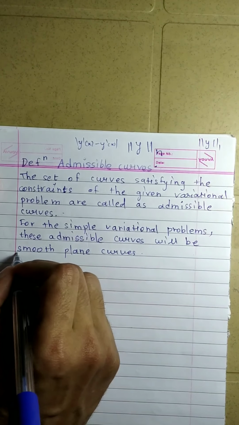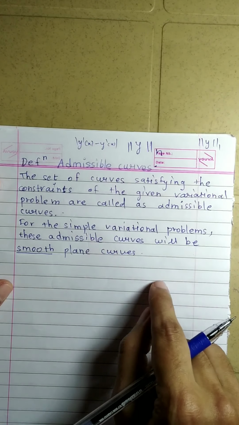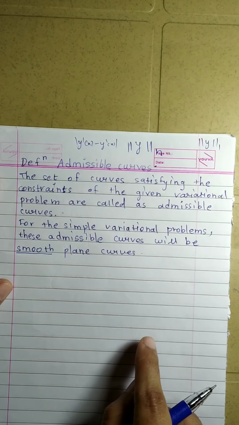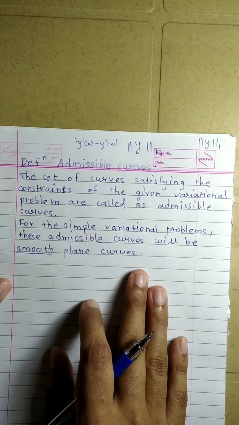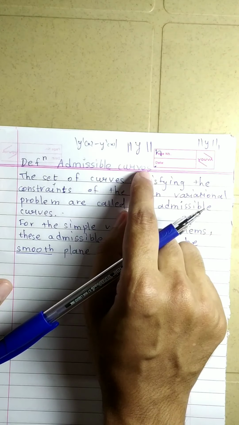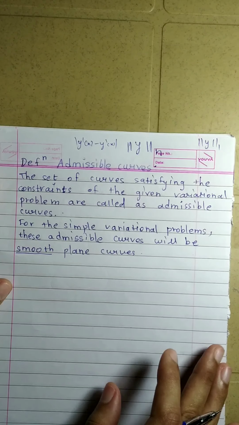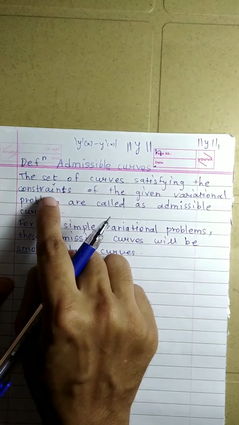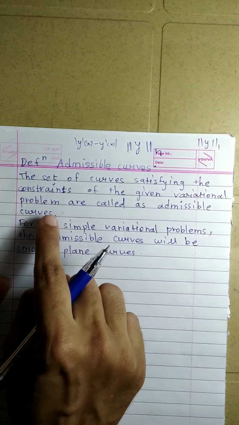Okay, now what do you mean by smooth? Smooth means continuously differentiable. That means the curve will be continuous, then it will be differentiable, and the derivative will also be continuous. Okay, so for the variational problems that we will be dealing with, the admissible curves will actually come out to be the smooth plane curves. Okay, now the set of curves satisfying the constraints of the given variational problem are called admissible curves.